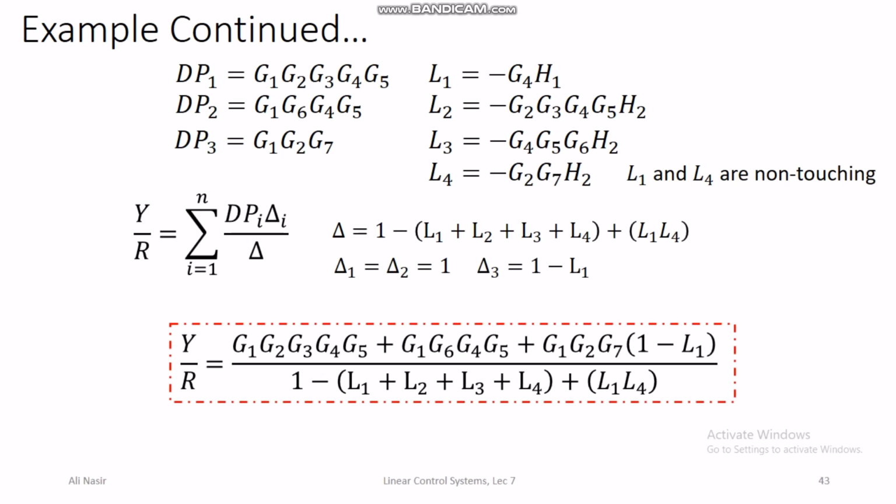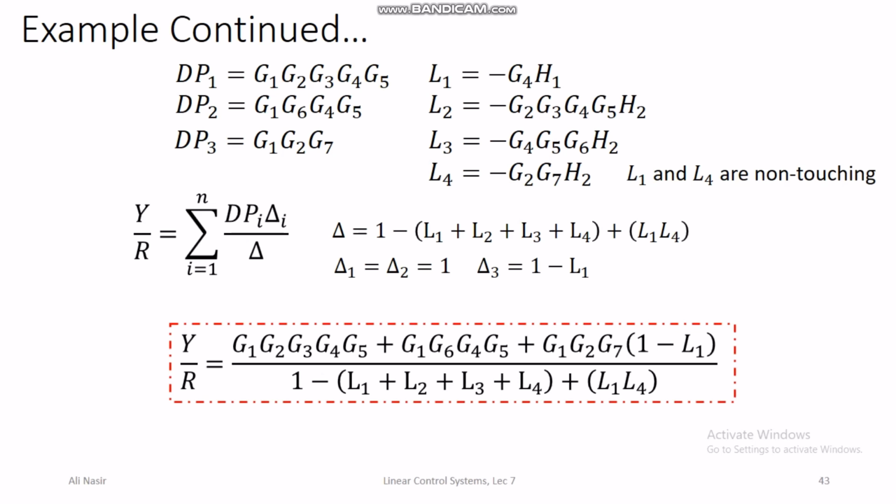And in the denominator there is delta. Delta is 1 minus L1 plus L2 plus L3 plus L4, and plus the L1, L4 gain product. So you can substitute the expressions for L1, L2, L3 and L4 in this transfer function, and then you will have your transfer function between Y and R.